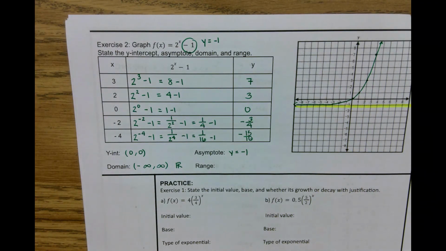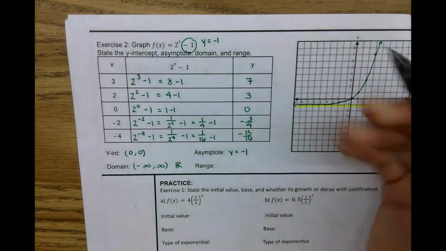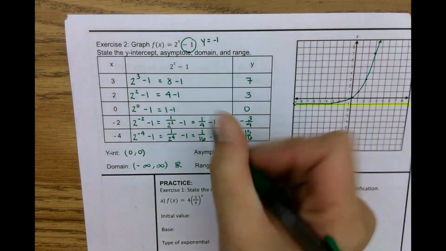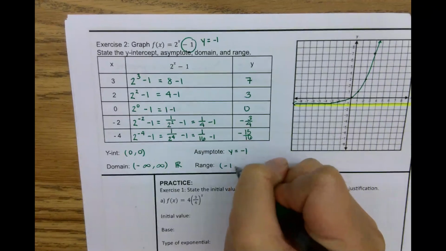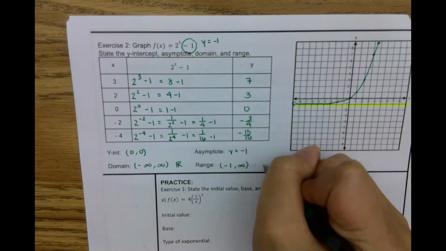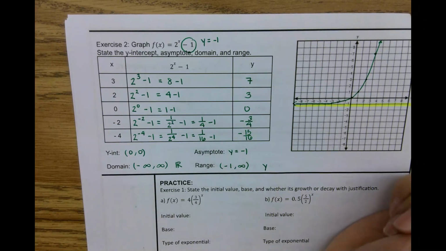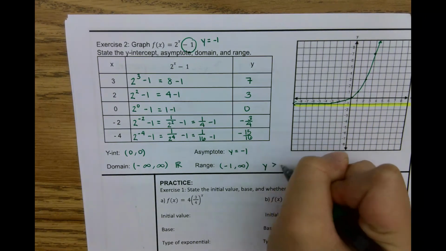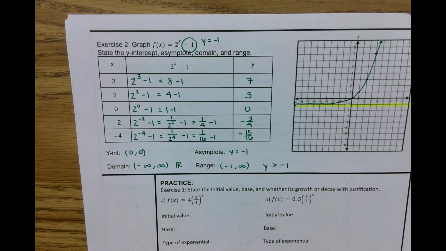So my range: everything is above -1, so my range is (-1, infinity). In inequality notation, it'd be y is greater than -1, not equal to, because it never actually touches it.